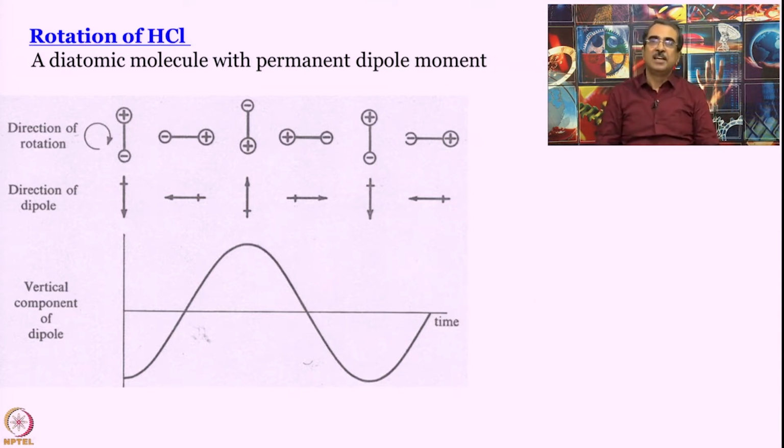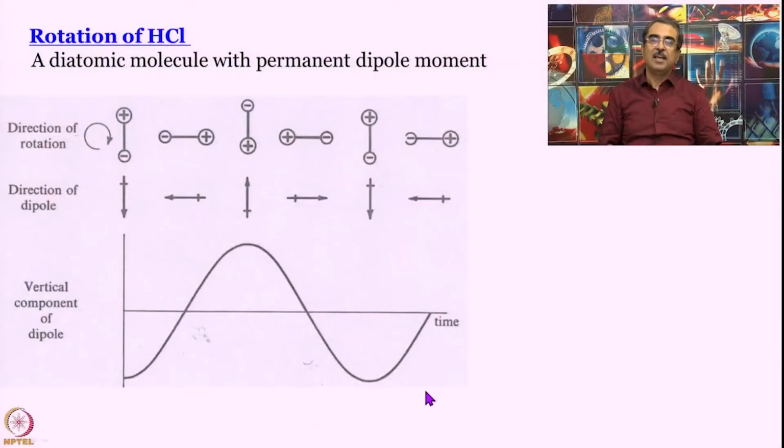What is light? Light is an electromagnetic radiation. So, it has an electric field and a magnetic field with the same frequency as the frequency of light. Now you can think that this oscillating electric field produced by the rotating molecule can have constructive or destructive interference with the oscillating electric field of light, and that is the origin of the emission or absorption of spectroscopy, the interaction of radiation with matter.